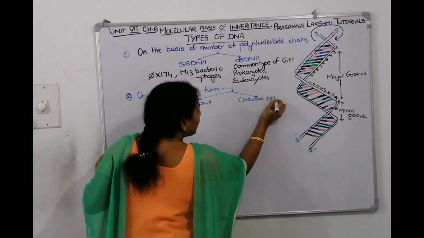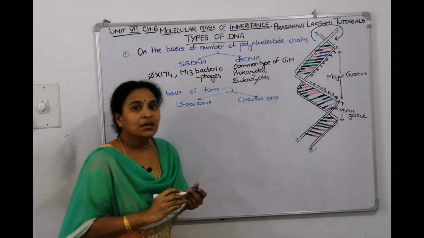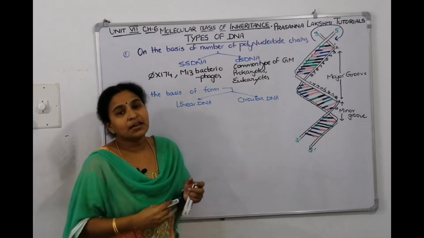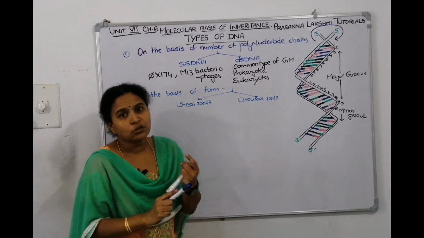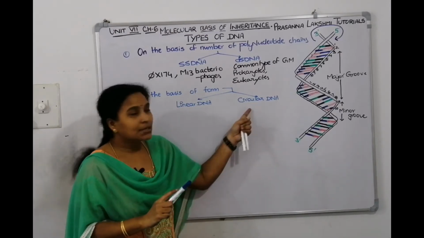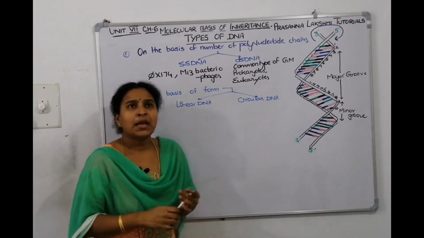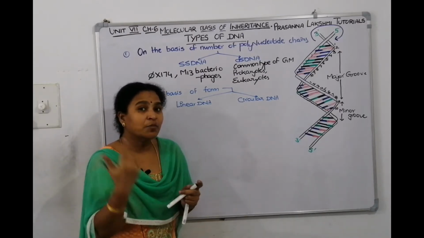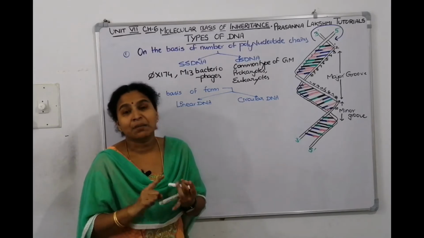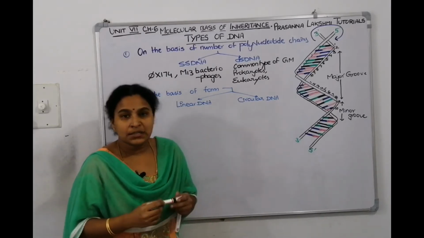Linear DNA, you can see in the picture right away here. It is linear. Linear DNA is present in viruses also. It's present in humans also. Circular DNA: prokaryotic DNA, bacteria have circular DNA. And then organelle DNA: semi-autonomous organelles, mitochondria and plastids, have their own DNA. They also have circular DNA.